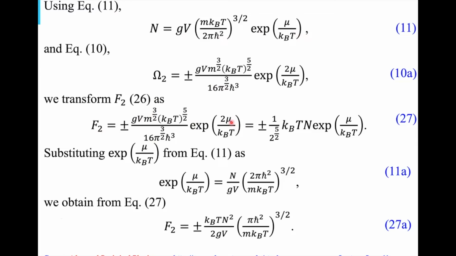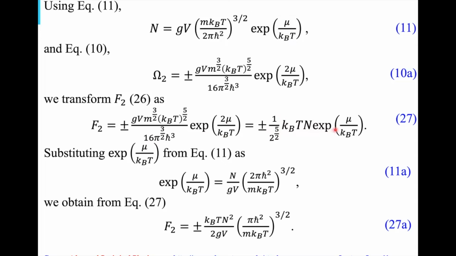We need to substitute mu in terms of n. Let's do it. So this is F2, we obtained it. We will transform it. We take gV n to the power of 3 half, kBT to the power of 3 half, kBT first power will be left, divided by 2 to the power of 3 half, and this is to the power of 2. This is 2 to the fourth power, so 8 half minus 3 half will be 5 half left. The exponential of mu over kBT is taken into account in this.